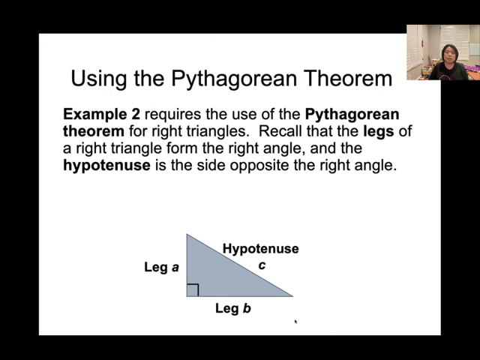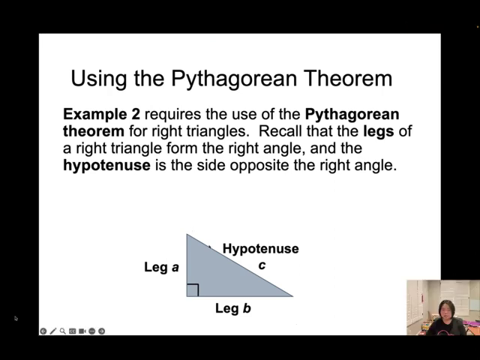Using the Pythagorean theorem, this is going to be a right triangle. We do have a 90 degrees. And then we have leg A, leg B. And then the longest side, the side opposite to the 90 degree, we're gonna call this the hypotenuse.